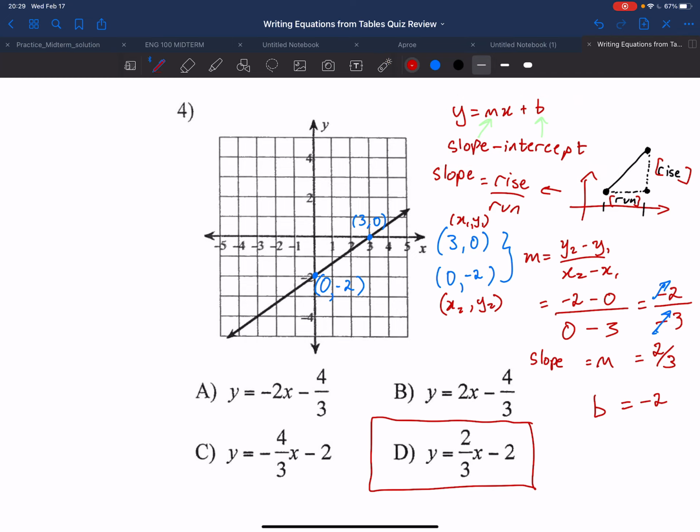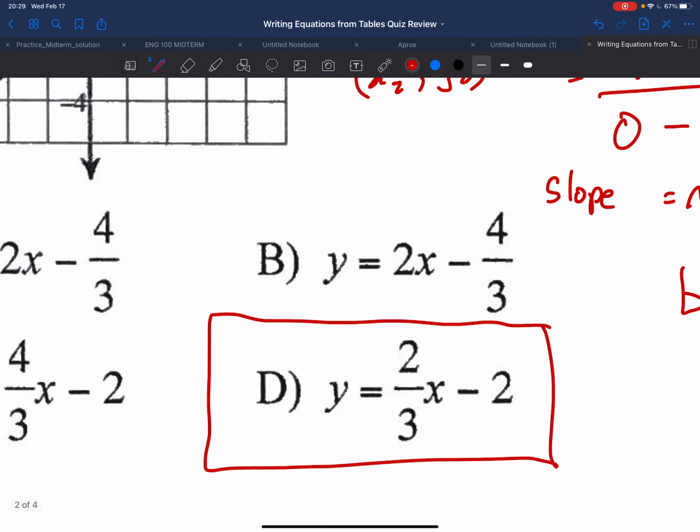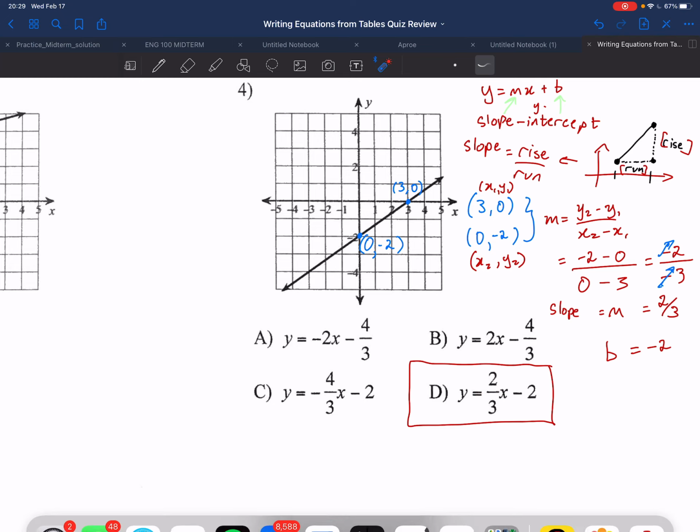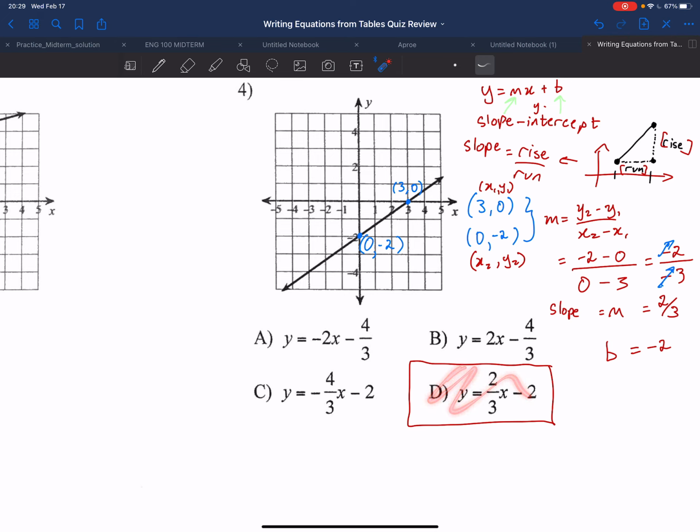Why don't I write that? And the y-intercept. We know from our calculation that 2/3 is the slope and that -2 is the y-intercept. So this is the correct equation.